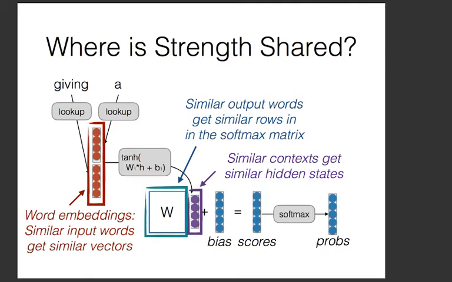Then because it's a neural network, your loss function gets backpropagated all the way back through all of the parameters of the model. You update all of it, including the word embeddings here, and this and this.